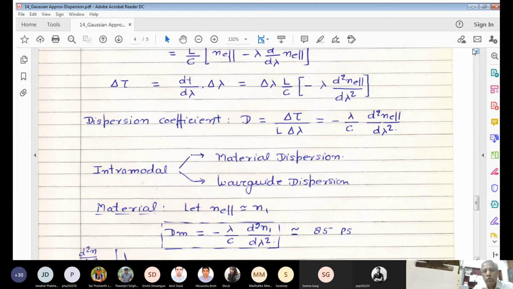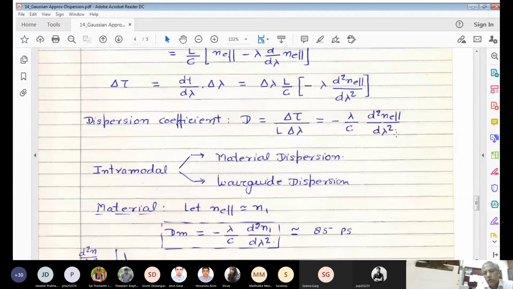I should get U values at a given wavelength. U is related to beta, so I find beta, then N effective, and then the second derivative of N effective. That will take into account both the material effect as well as the waveguide effect, because when I solve those eigenvalue equations, I take the wavelength dependence of refractive indices of both core and cladding into account.